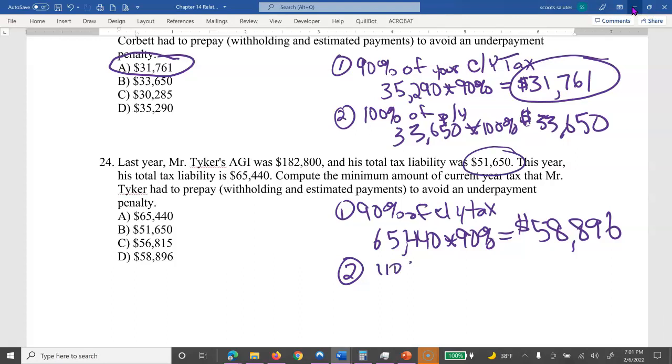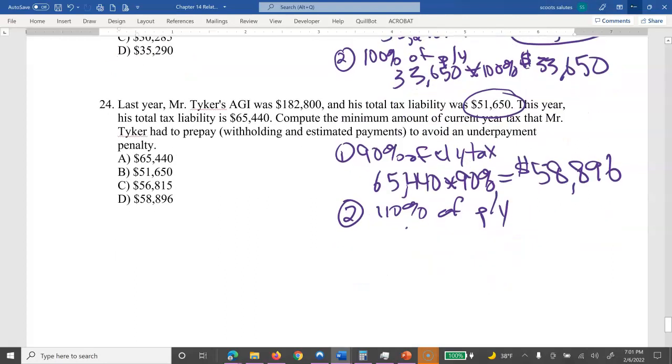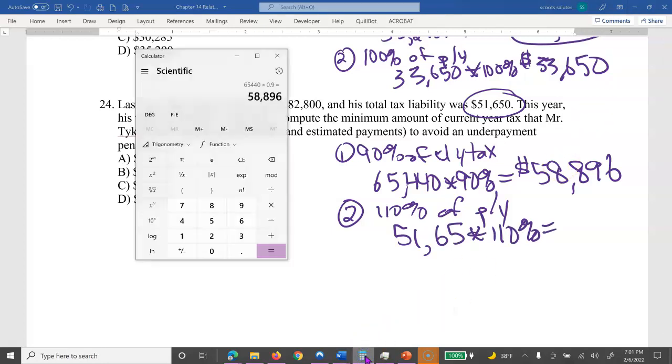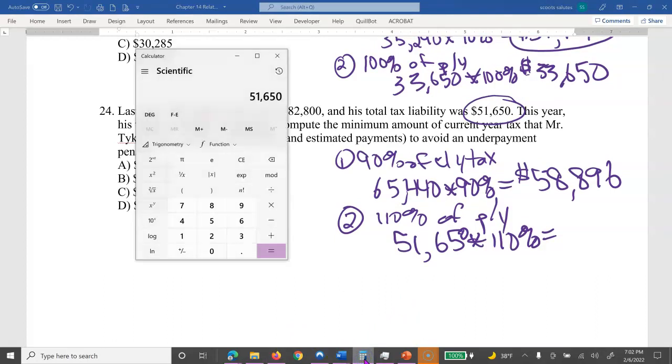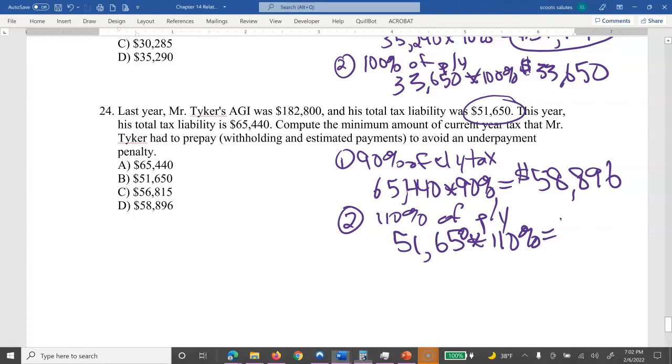So we'll write that out: 110% of prior year tax. That would mean 51,650 multiplied by 110%, which is 56,815.